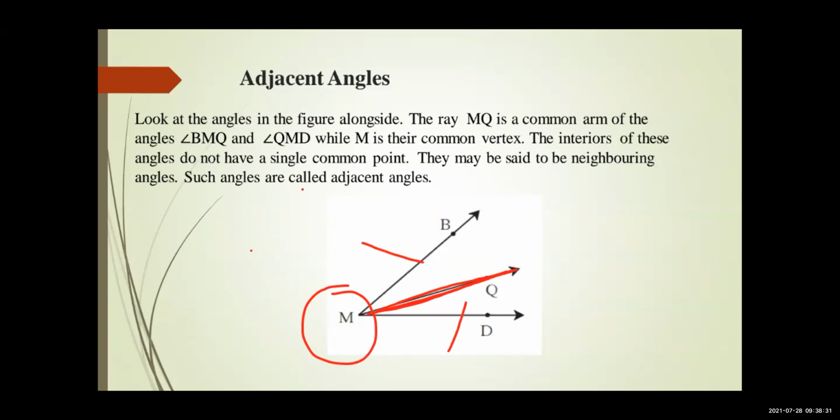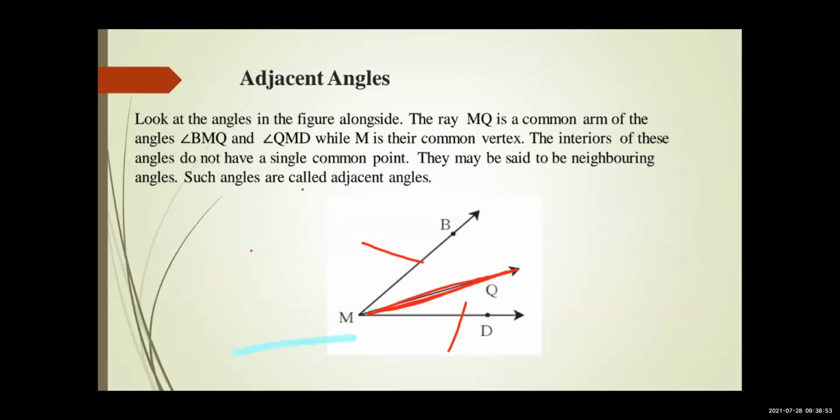Separate interior is there, so it is called an adjacent angle. So angles which have a common vertex, a common arm, and separate interior are said to be adjacent angles.